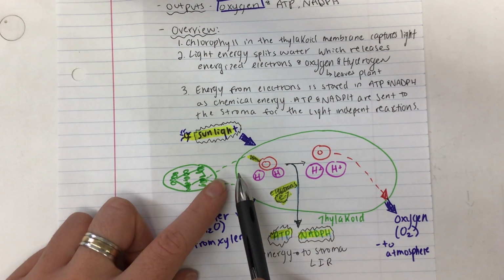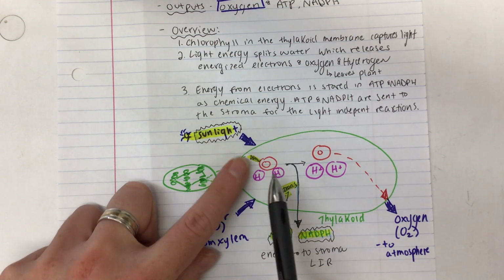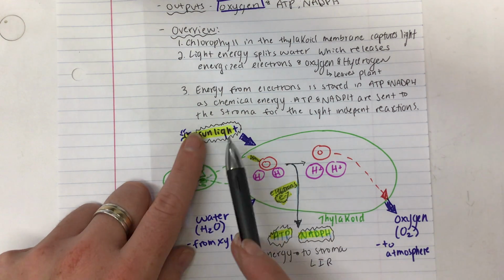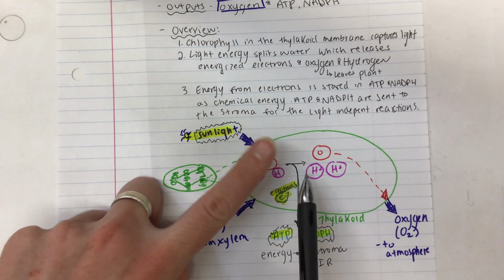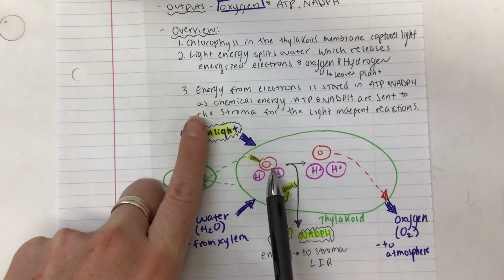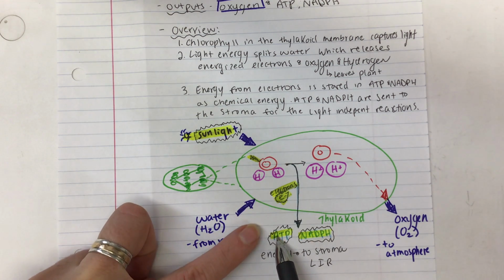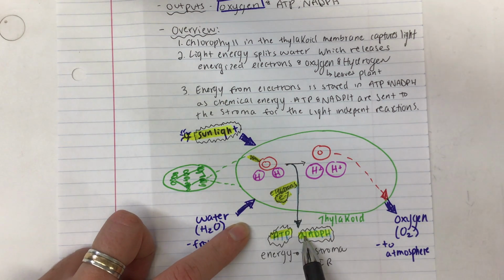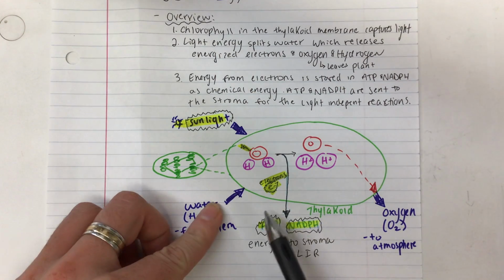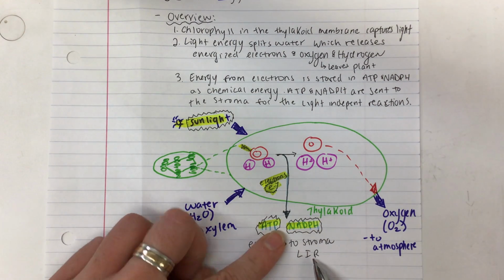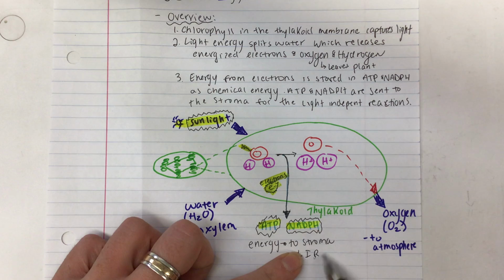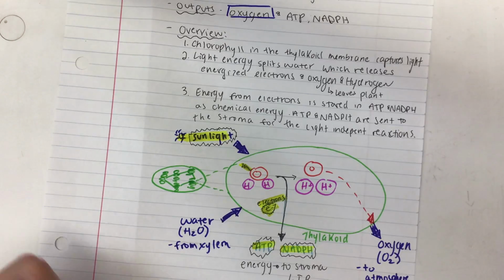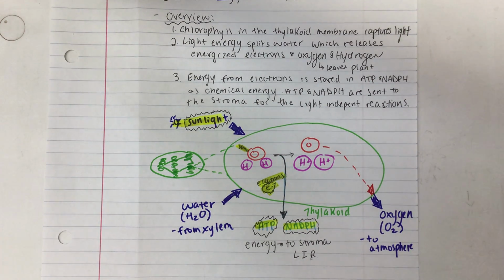This thylakoid has chlorophyll in its membrane that can capture the sun's light, and that sun's light is going to split water into oxygen and hydrogen ions, releasing some energized electrons stored in ATP and NADPH. These are going to carry those energized electrons to the stroma for the light-independent reactions. In the meantime, oxygen happens to be made too and is released into the atmosphere.